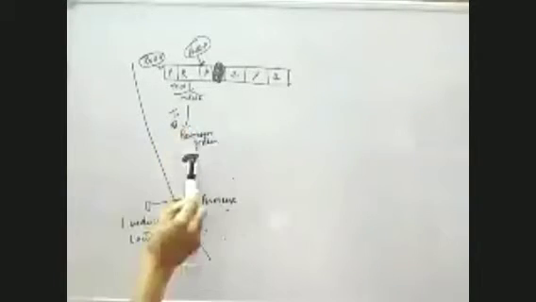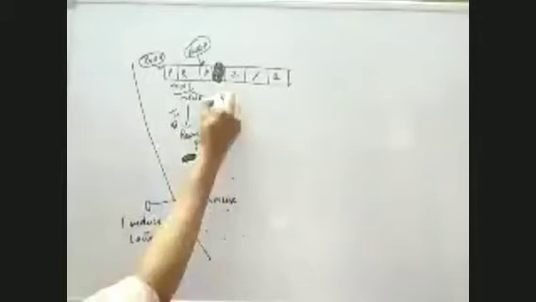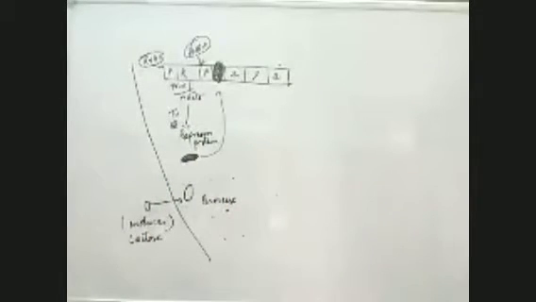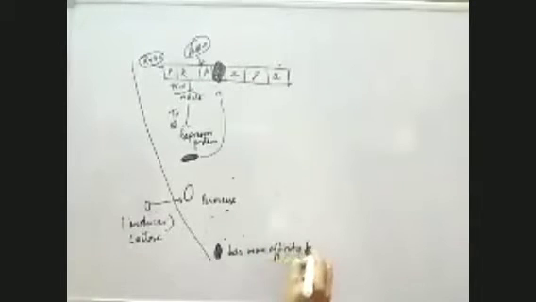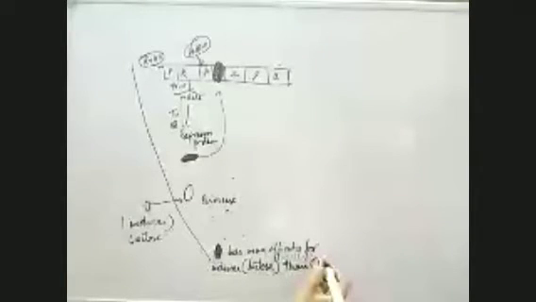This repressor protein which has gone to the operator has more affinity for the inducer than for O. That means the repressor protein has more affinity for the lactose molecule than for the operator.